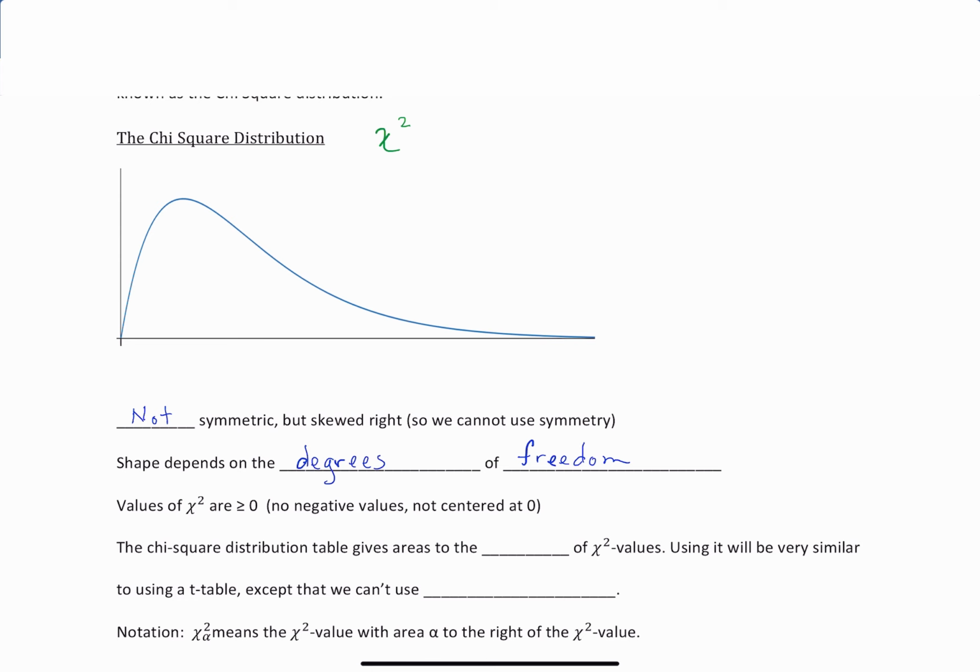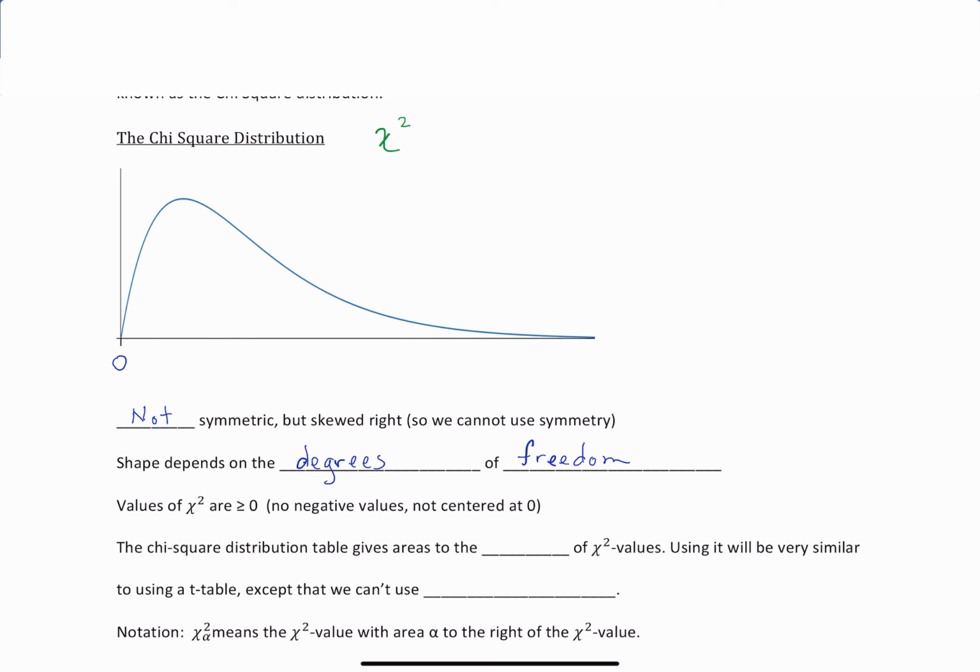Another big difference between the chi-square distribution and the z or t distribution is that the values of chi-square are greater than or equal to 0. There's no negative values. In fact, the 0 is over here at the very left-hand edge of the curve. So no negative values, nothing to the left of 0.